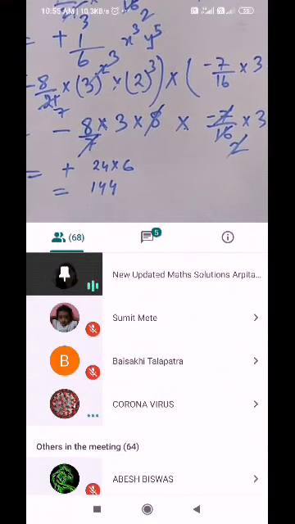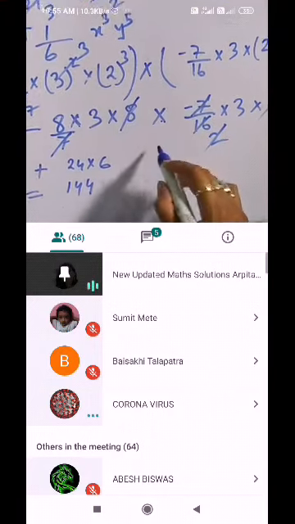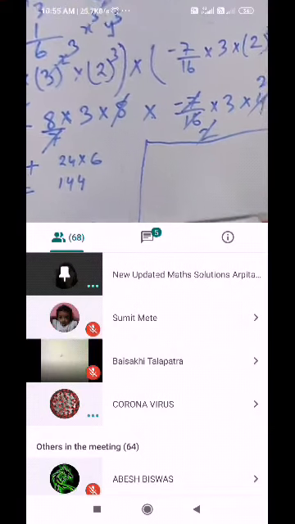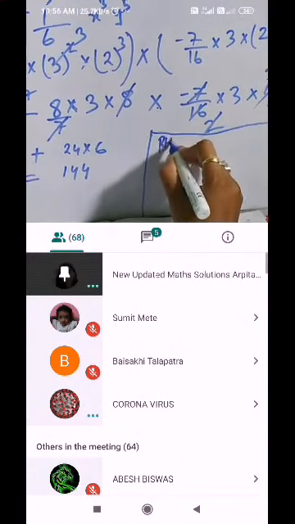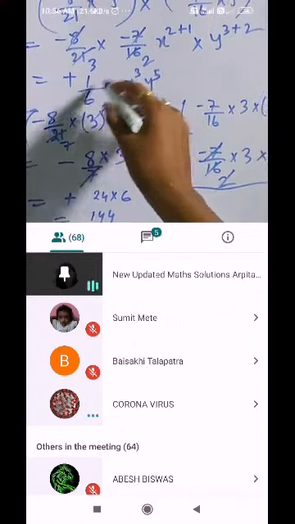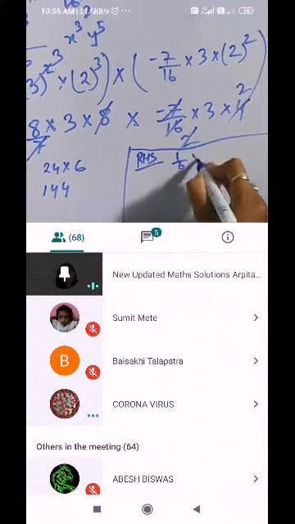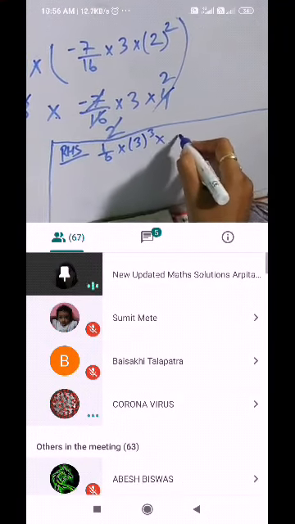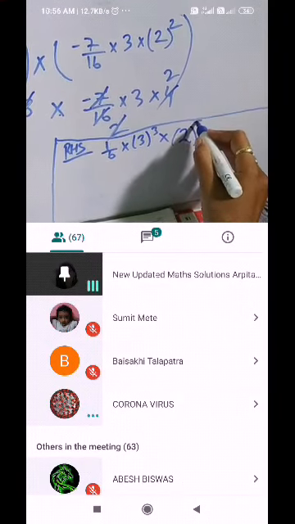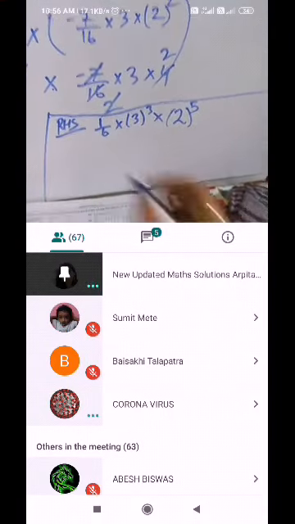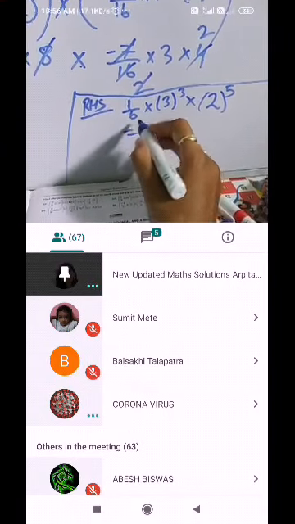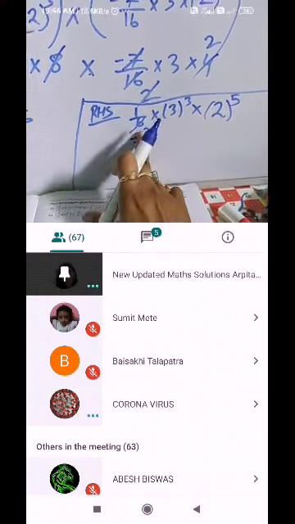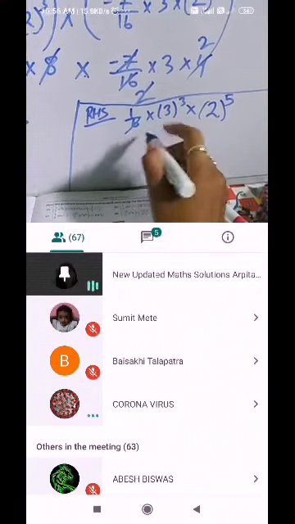Then we have to find the RHS. Here I am doing RHS. The RHS part will be this product. 1 by 6 into x cube means 3 whole cube into 2 raised to the power 5. The y value is 2. Then this one will be cut by 3. 3 2s are 6.